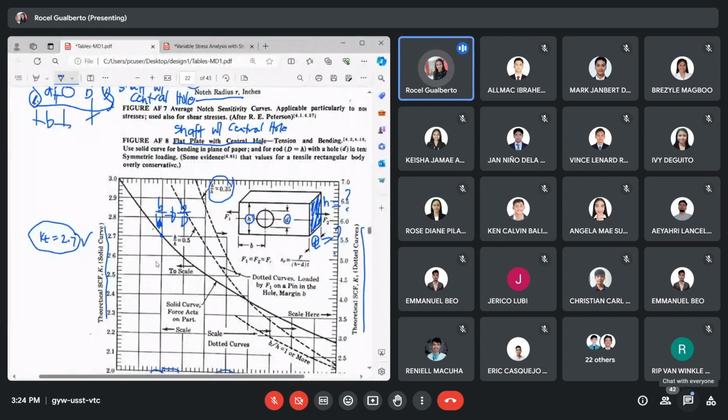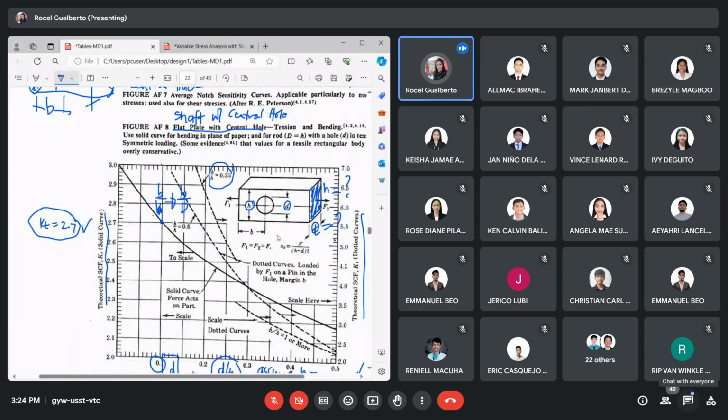Dito po sa figure AF8, meron ka po dito makikita na equation. Yan. Okay? Sigma, although S po yung nakalagay dyan, sigma equal to force over H minus D times T. Ito na po yung gagamitin ngayon natin kung siya po ay flat plate. Okay? H po is the height minus ibinawas po yung hole times the thickness. Okay? So, yan po ang sinasabi ko.